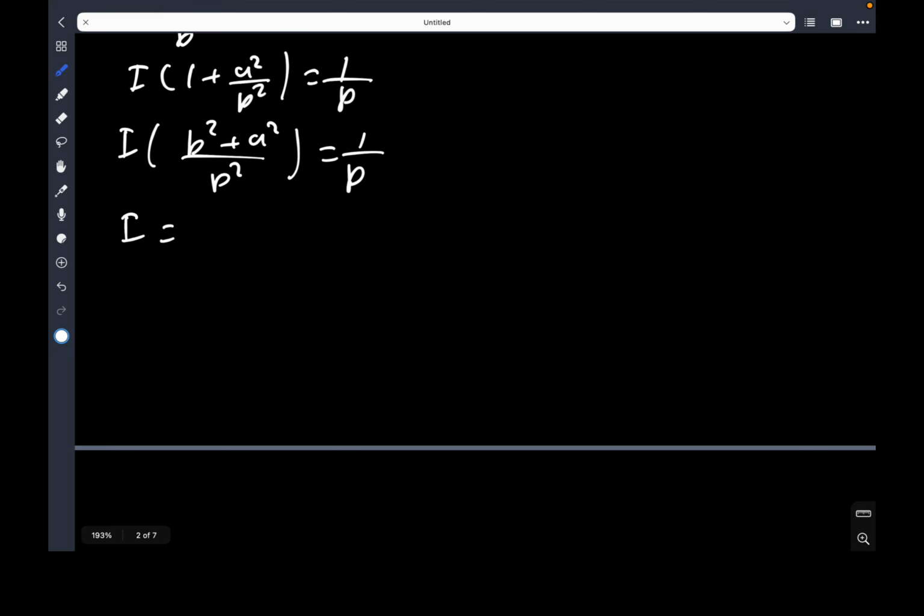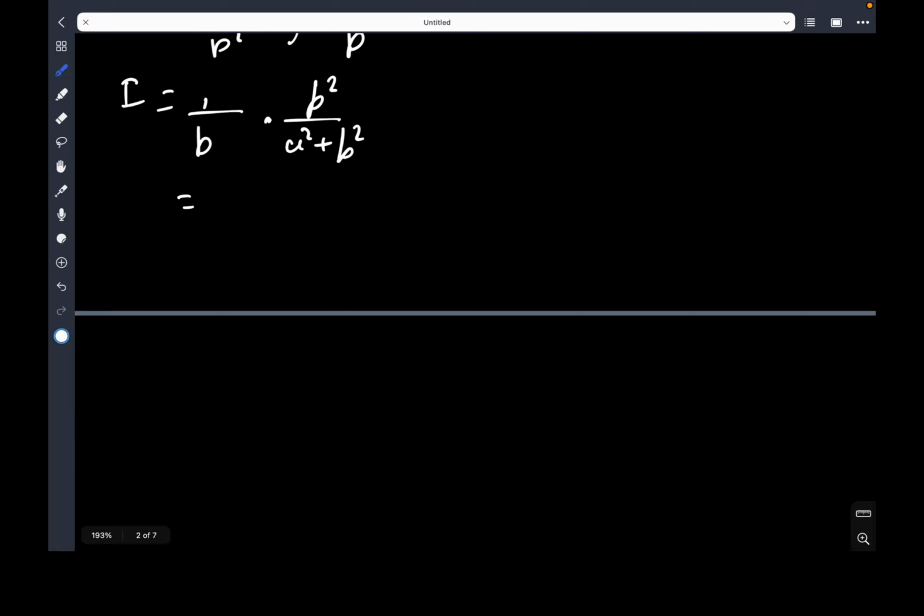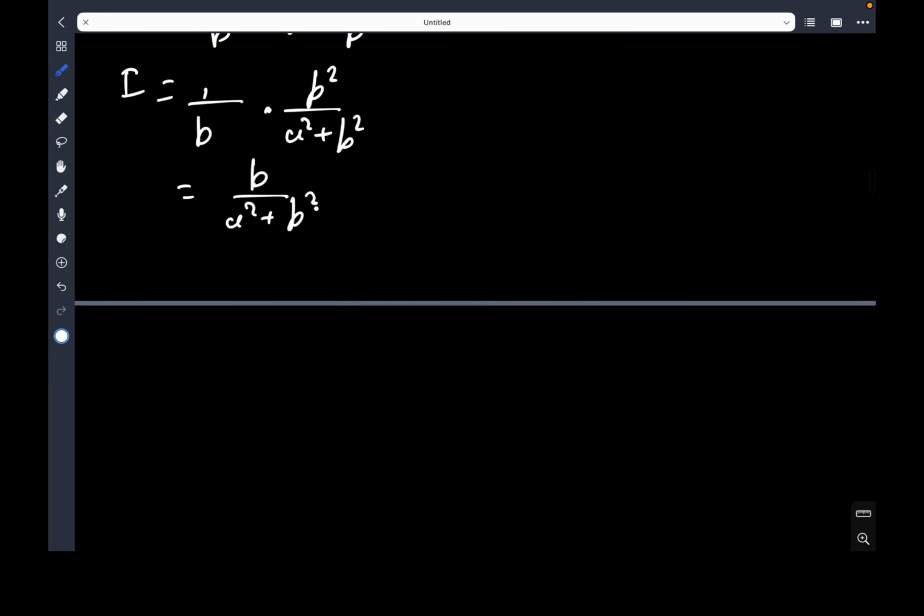I then equals 1 over b times b squared over a squared plus b squared, which is going to be b over a squared plus b squared.